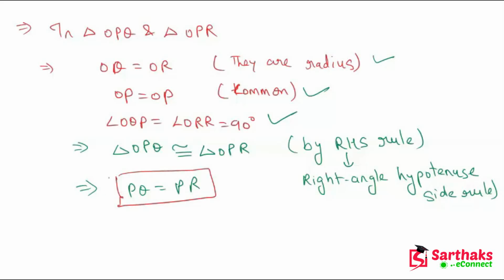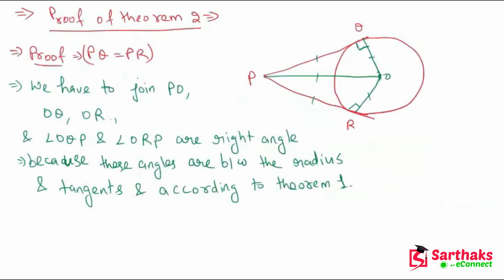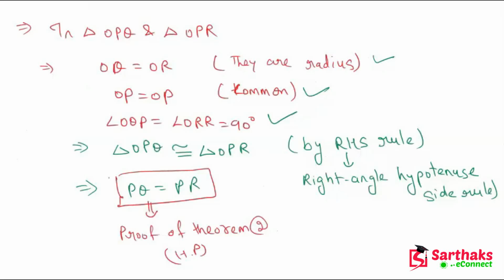So this is the proof of theorem second. Hence proved, PQ is equal to PR. So my dear friends, I hope you get this point. So now let's move on.